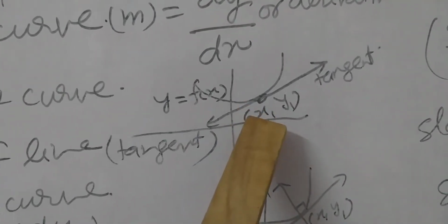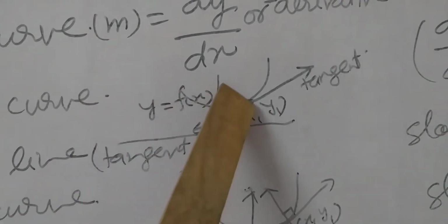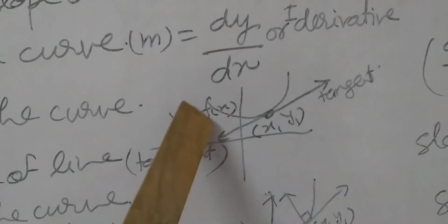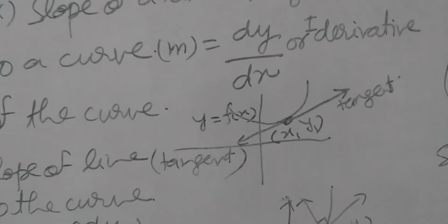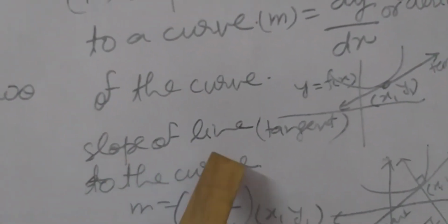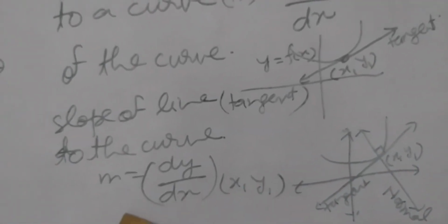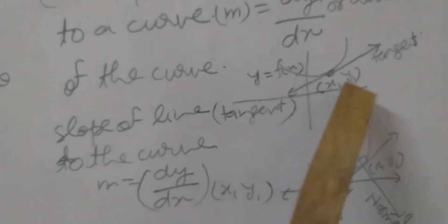Then slope of tangent dy by dx equals the first order derivative of the function f(x). Okay. So remember, slope of the tangent m equals dy by dx, its value at the point x1, y1. This is the slope of tangent.